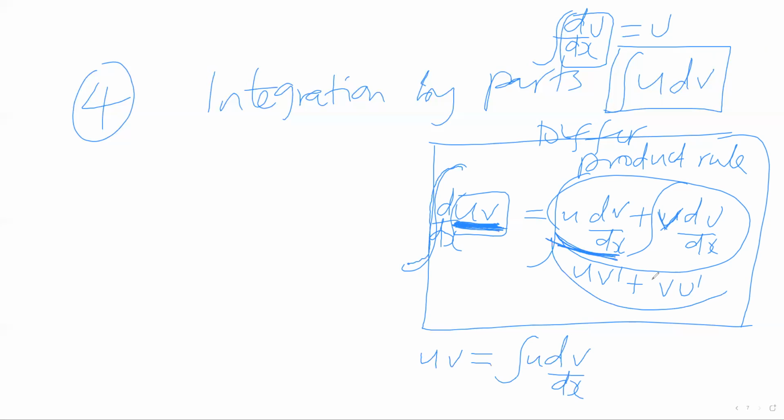I just wrote uv directly. It's because we are just talking about the derivative of uv, so we've gone back to uv. Here we have two things, u and dv dx. When you are going back, you can't just write any, because you have two functions here. This one is a derivative, the other one is not a derivative. So I've written it the way it is, plus I'll write this one the way it is.